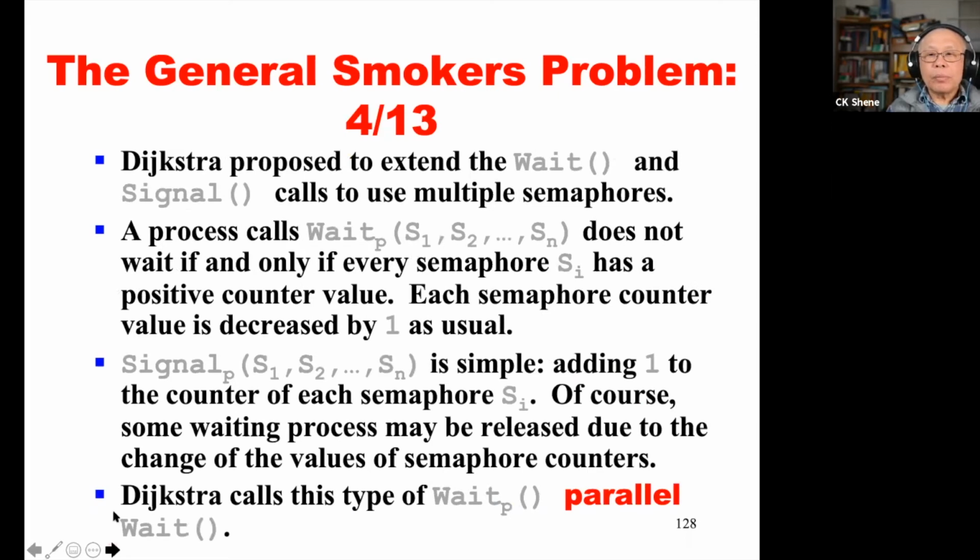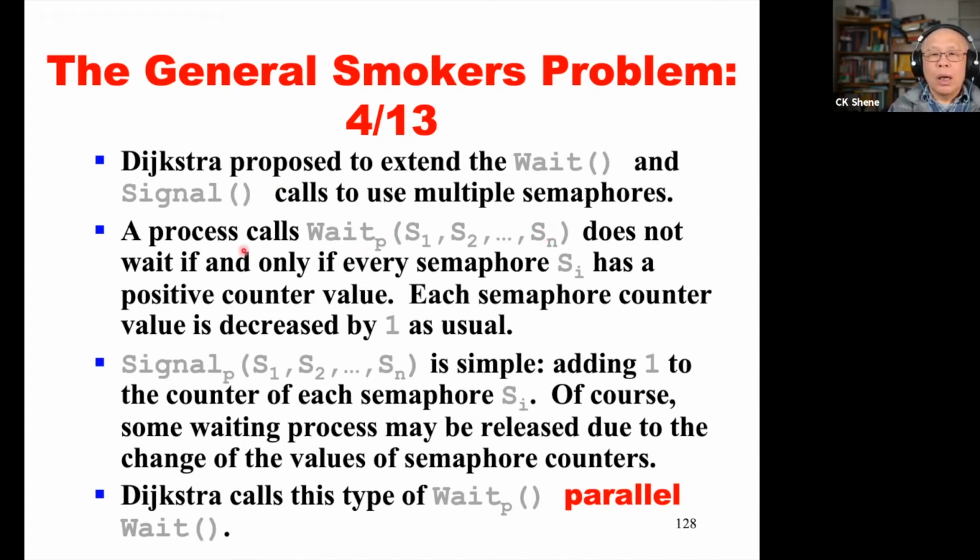So what Dijkstra proposed was to extend the wait and signal calls so that each wait and each signal could take multiple semaphores. So instead of using wait, I use waitP. P means parallel. So waitP(S1, S2, ..., Sn), where these Si's are semaphores.